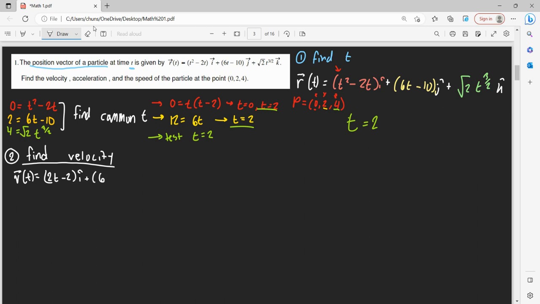Next term, 6, just plain 6 because the rest turns to 0. And then plus 2 root 2, the 3 over 2 comes down, and this reduces to t to the half, k. That is our first step, and now we can plug in our values.